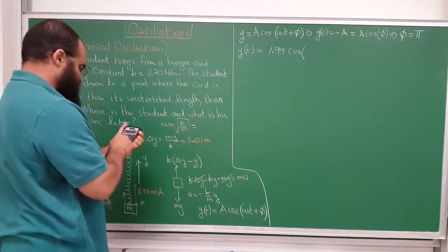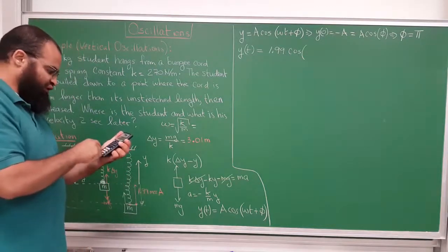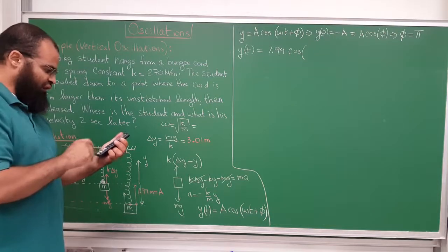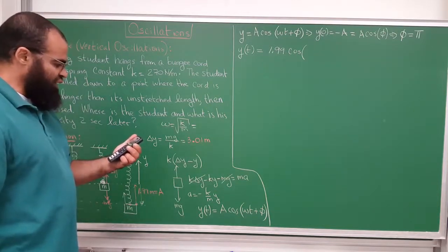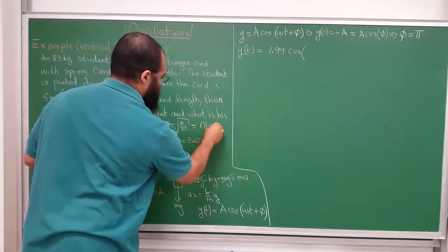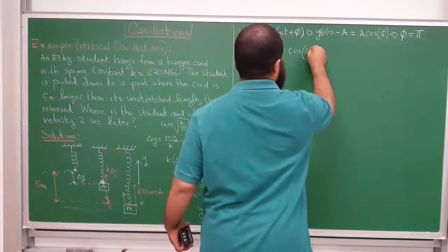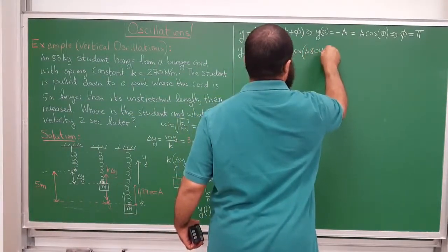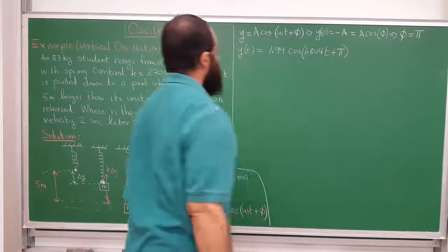K is 270 divided by m, which is 83, and let's take the square root of that, to the 0.5. And I have 1.804 radians per second. So 1.804 t plus pi.